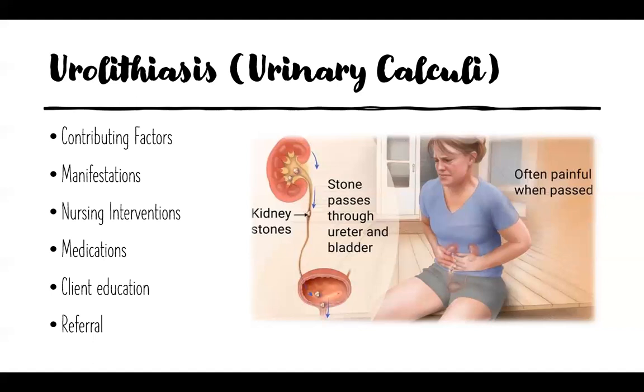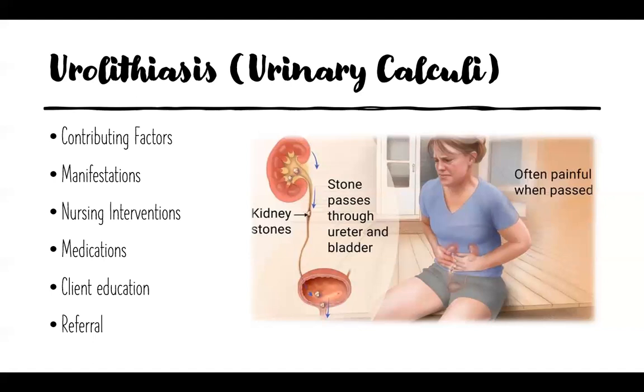It's more common in males aged 20 to 40 and tends to reoccur. The manifestations are going to be based on the location and size of the stone. The pain may be severe renal colic if the stones are in the ureter. The pain may be dull and aching if the stones are located in the kidney itself.